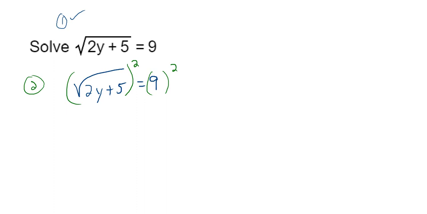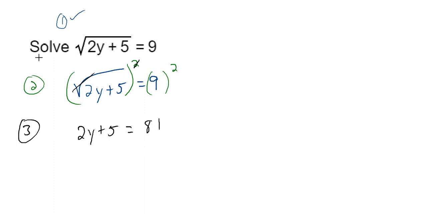And something we have talked about as we've gone through chapter 6 is that nth roots cancel out with powers of n. And so that's going to happen in this case. The square root and the power of 2 will cancel each other out. And so we'll just have 2y plus 5 on the left-hand side. On the right-hand side, we get 9 squared, which is 81.